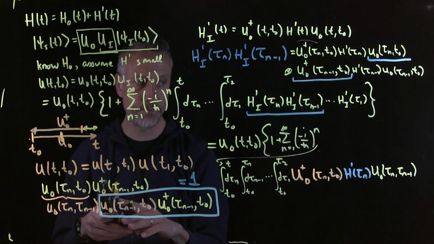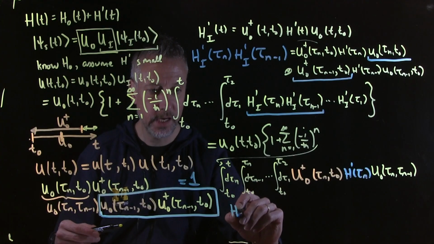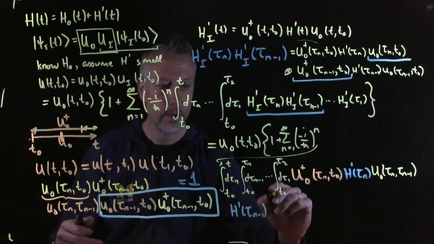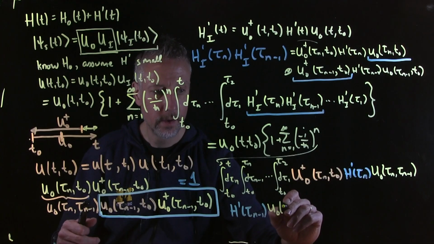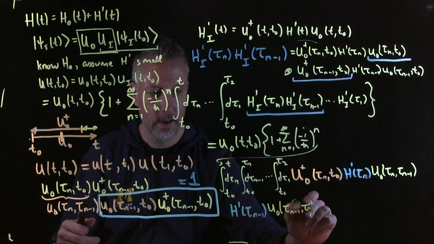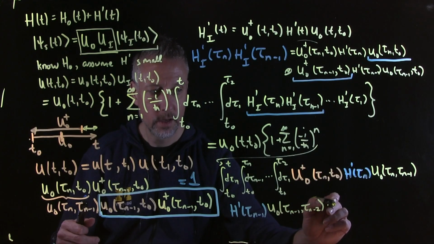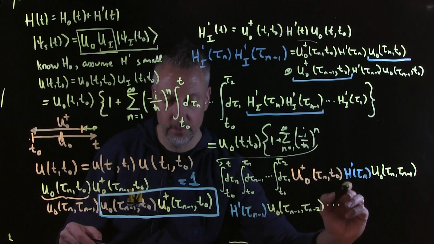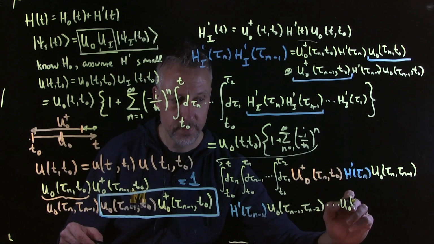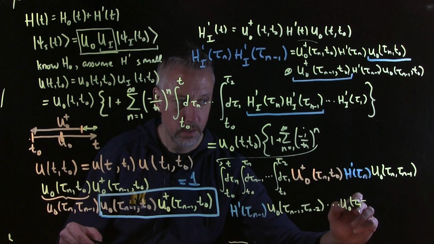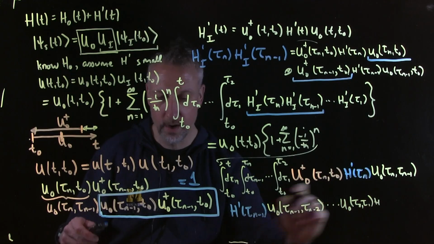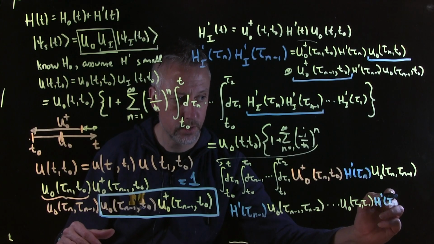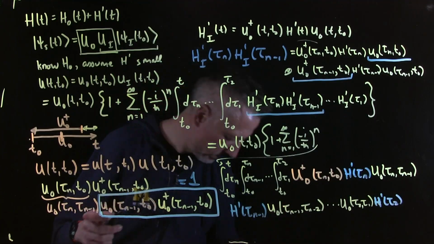And we keep going. The next one is going to be h primed tau n minus 1, then u naught tau n minus 1, tau n minus 2, and so on, all the way down to the last 3 terms, which I'll write as u naught tau 2, tau 1, h primed tau 1.